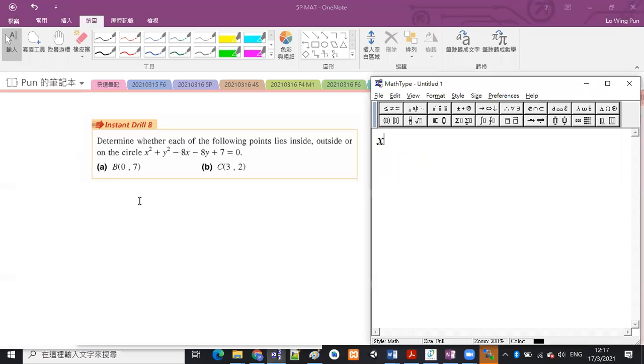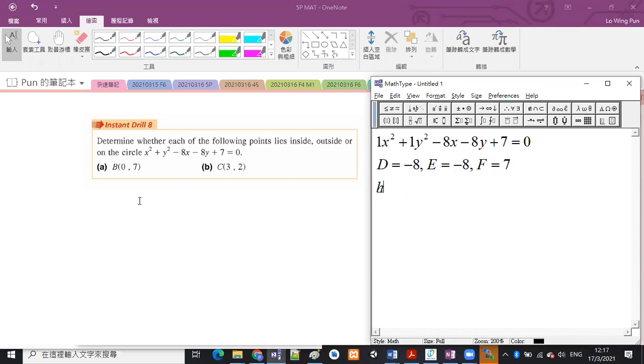So x squared plus y squared minus 8x minus 8y plus 7 is equal to 0. And again, it is already 1x squared plus 1y squared, and the right-hand side is already equal to 0. So we are ready to write down the d value, the e value, and the f value.